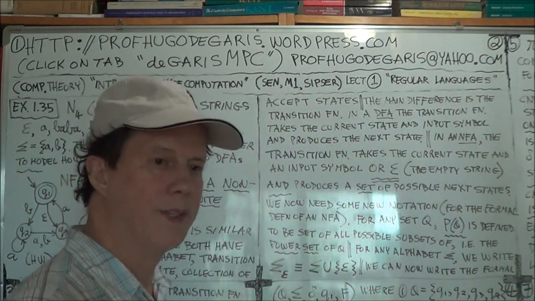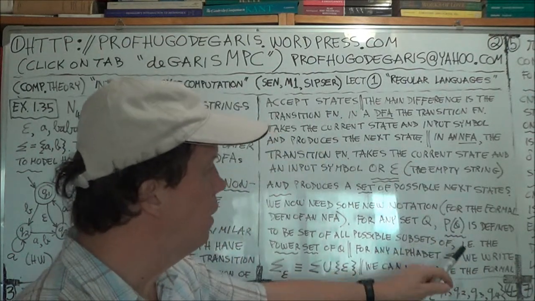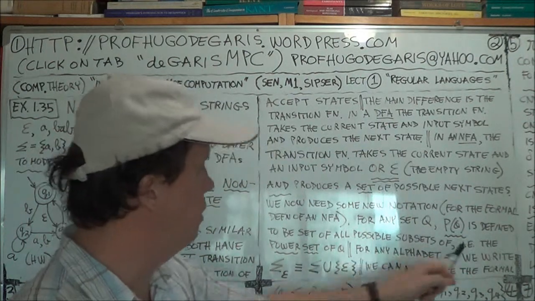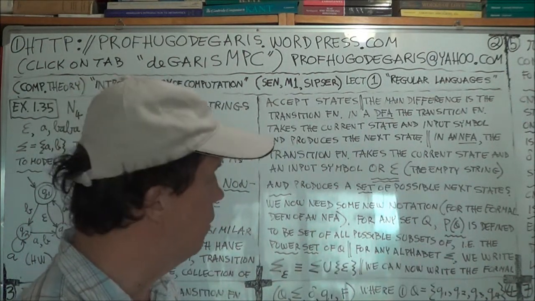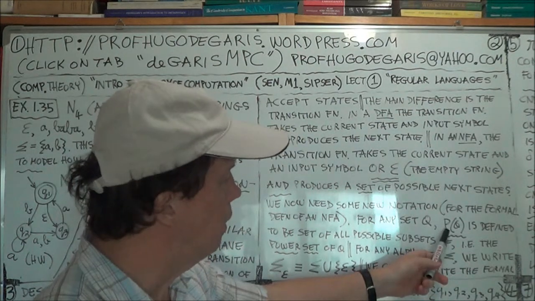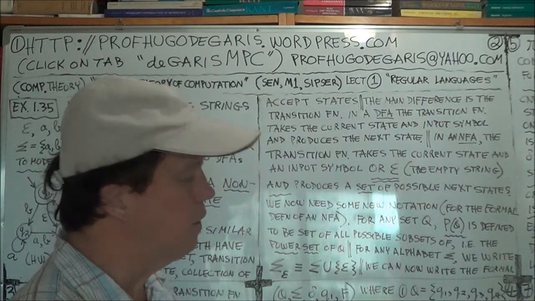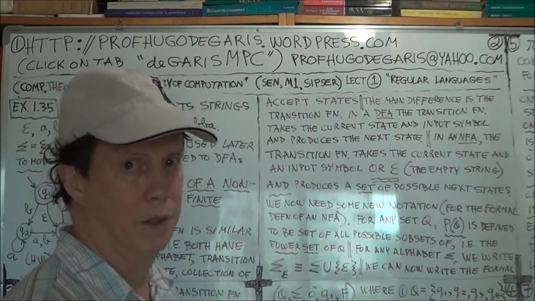So for any set Q, P of Q is defined to be the set of all possible subsets, in other words, the power set of Q. Okay, so if you see this P of Q, that will represent the power set of Q.